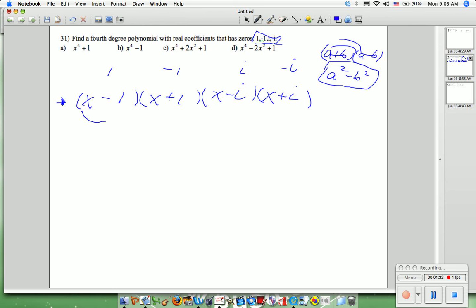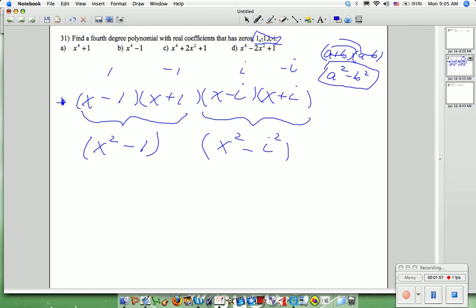X minus 1, x plus 1. What is that if we FOIL it out? X squared minus 1 times 1, which is 1. Okay, so that group is done. Now let's FOIL the second group using that equation, a squared minus b squared. That makes it x squared minus i squared.